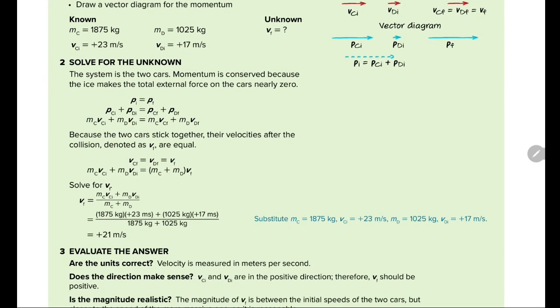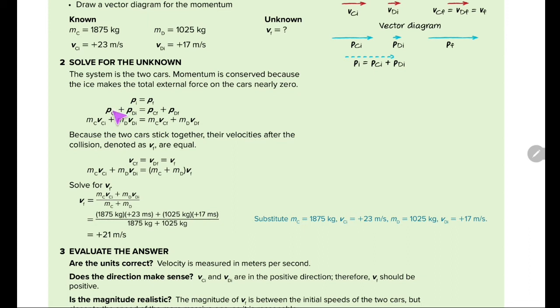In the beginning, we said that we have the law, which is P initial equal to P final. And P initial for the first car plus P initial for the second car equals P final for the first car plus P final for the second one.